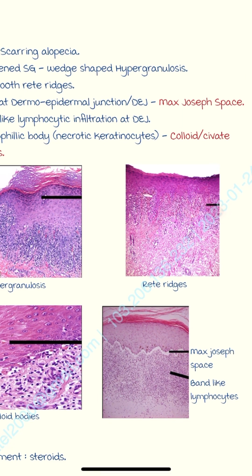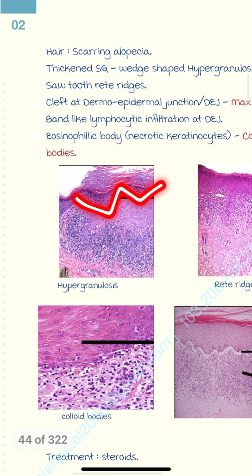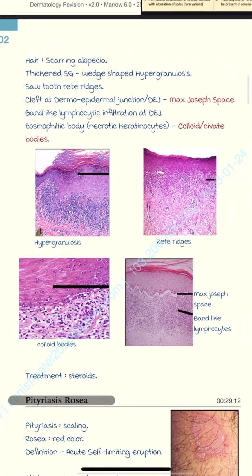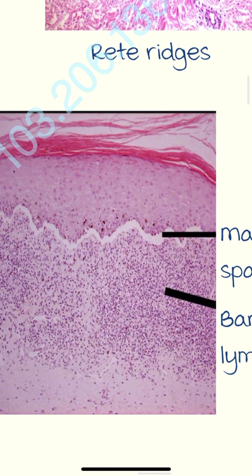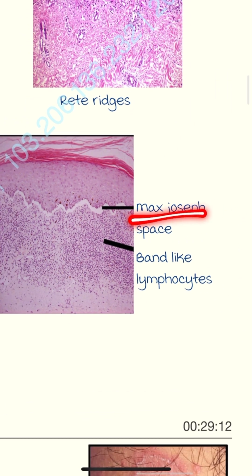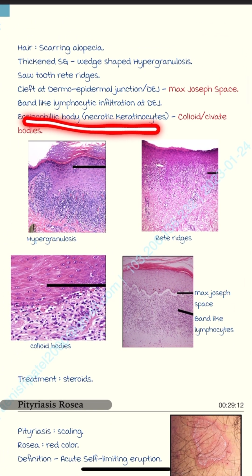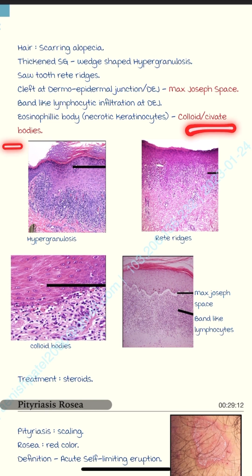A cleft at the dermoepidermal junction, which is Max Joseph's space, is seen here. And eosinophilic bodies, which are necrotic keratinocytes, can be seen, known as colloid or Civatte bodies.